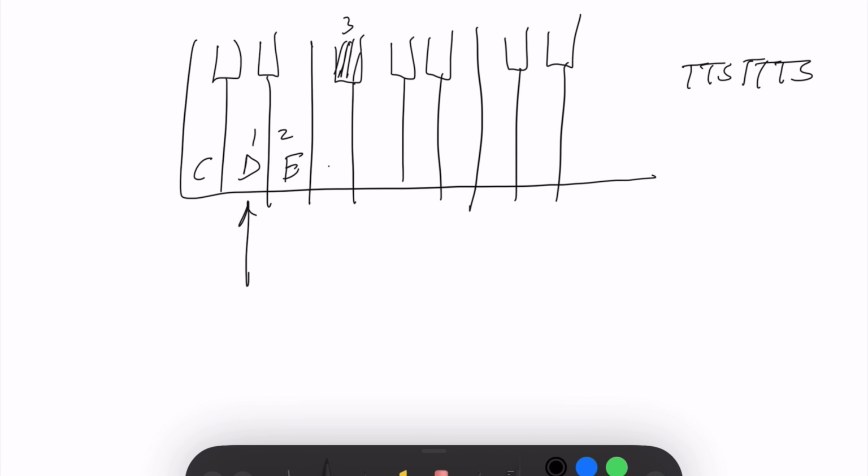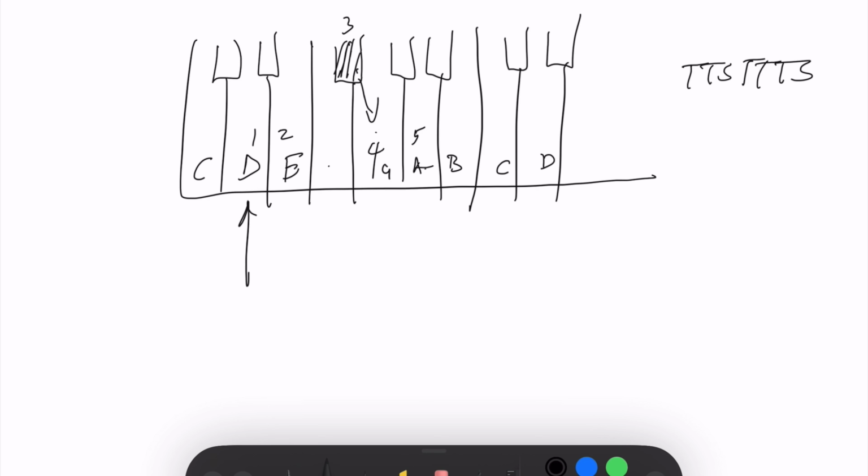Between the third and the fourth, it should be a semitone. So this to this is a semitone. So this will be our fourth note, which is G, A, B, C, D. Okay? Between the fourth and the fifth is a tone. So we write it there, fifth.